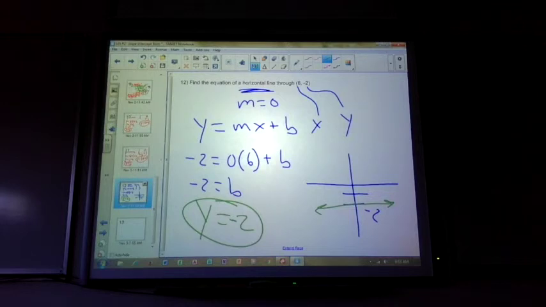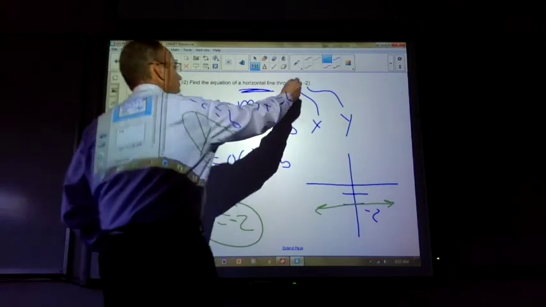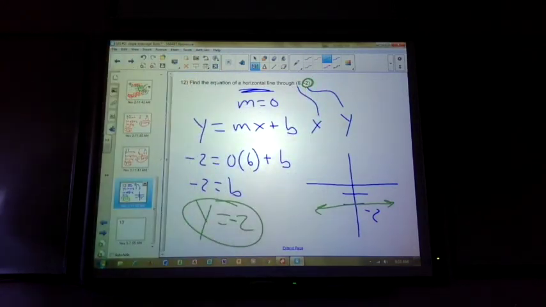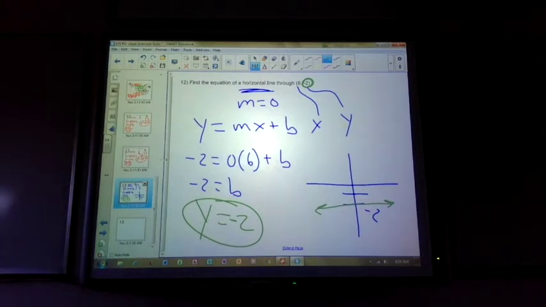Look at my original point, (6, -2). What's my y value? Negative 2. What's my equation of my line? Just y equals negative 2. So if it's a horizontal line, y equals that number is my equation. Wow. I think I got it. I think I'm good for today.